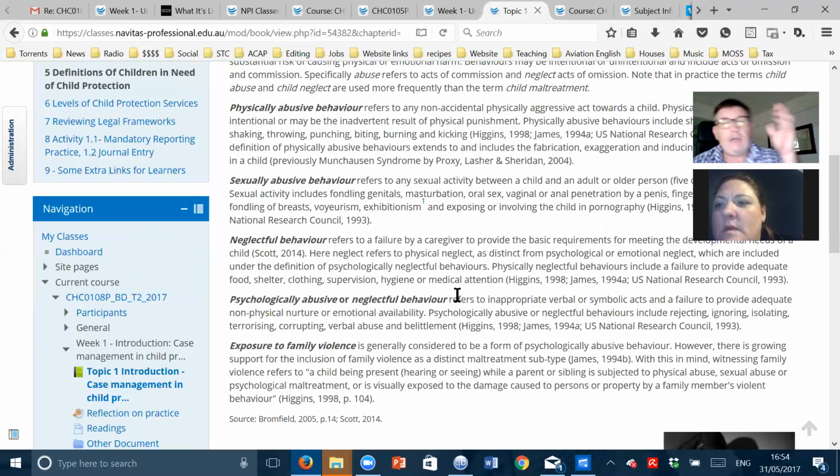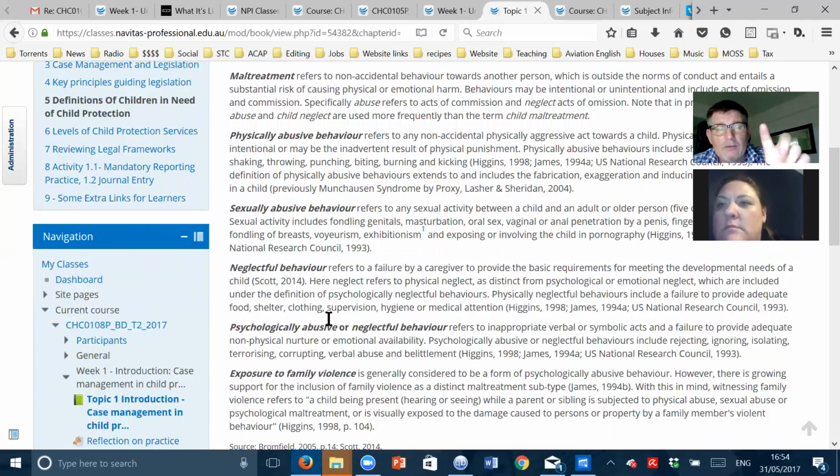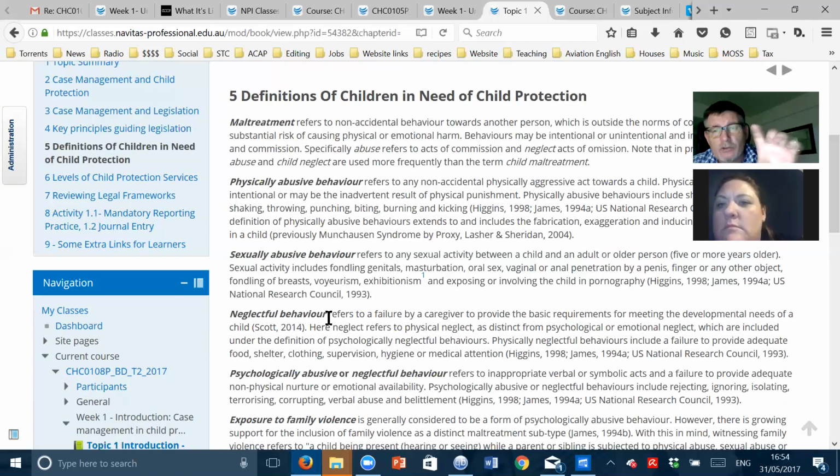These are the terms, and the state legislation varies in ways. Variously, the legislation will say that the definitions of child protection are about people being aware and having knowledge of abuse occurring, any of these definitions of need, and are therefore obliged to report that as mandatory reporting.